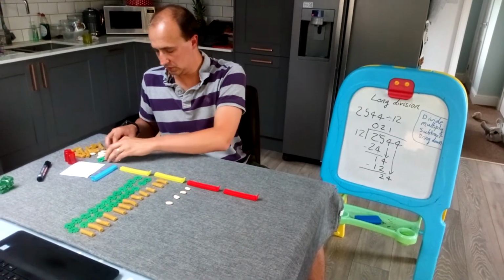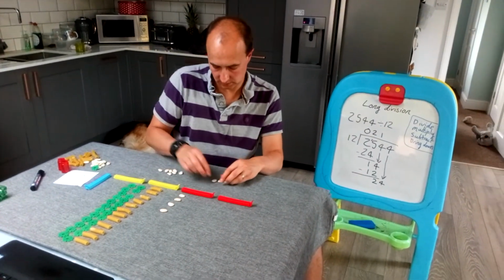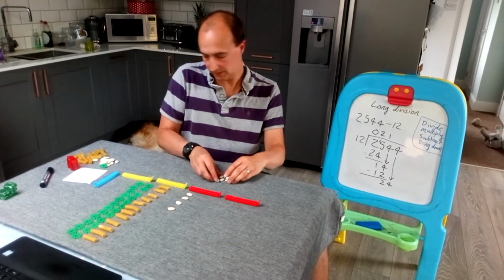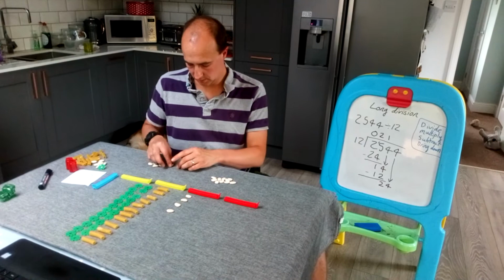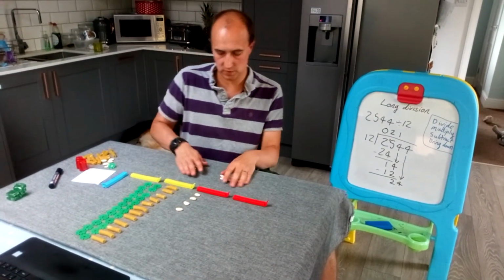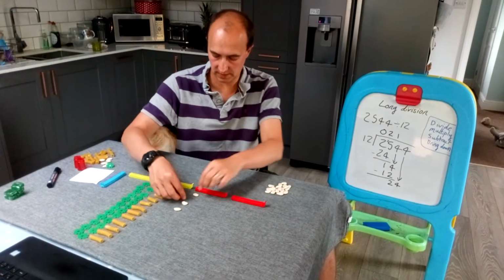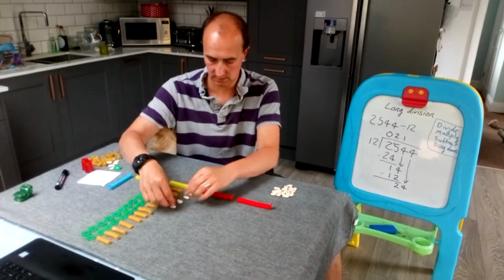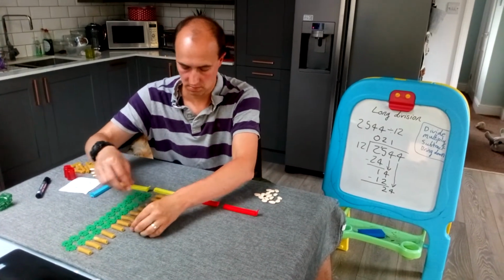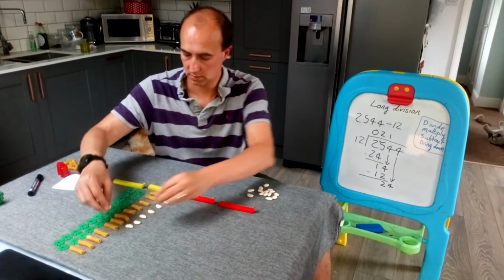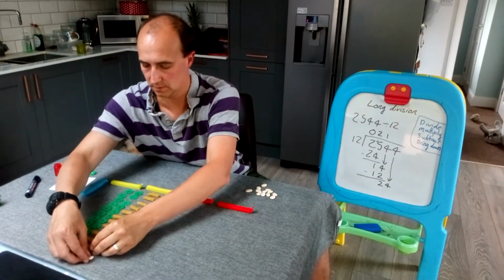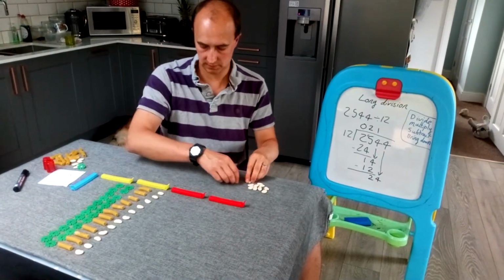And I need ones, so there's 5, another 5, that's 10, and then my other 10, so that's 20, and then I've already got these 4 here, so let's see if we can share these out into the 12 equal rows, and if we've done this right, we should have 2 in each row. Let's find out.